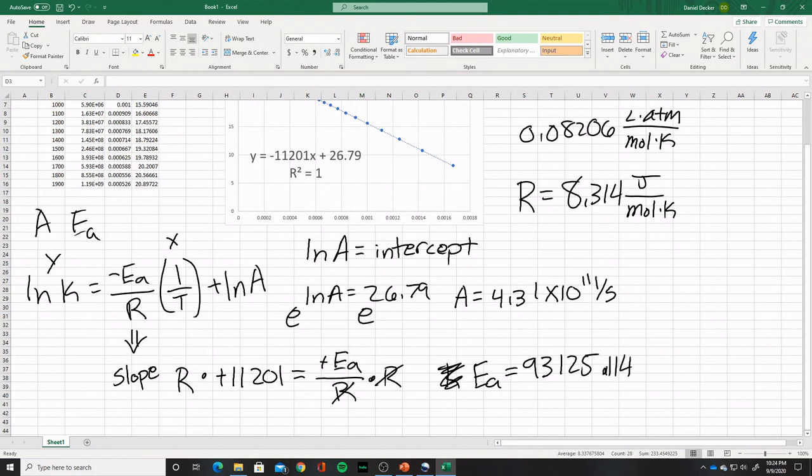But we don't get to keep all those numbers, and this is going to be joules per mole. Usually this is written in kilojoules per mole, so we're going to take sig figs into account and change it to kilojoules, and it will be 93.1 kilojoules per mole.